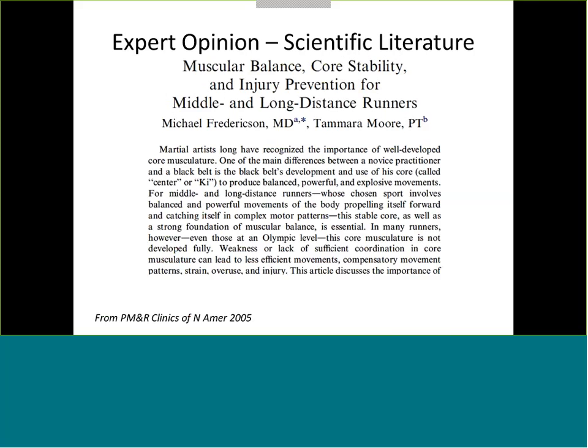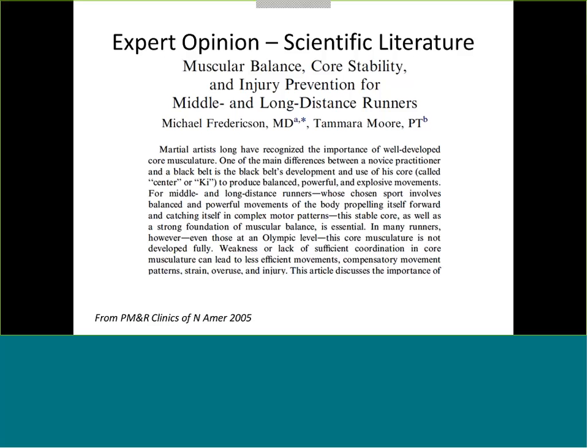And a lot of what we do, especially in physical therapy, at this point with core stability is based on intuition. In the scientific literature, really the best evidence we have is what we call level 5 evidence, or expert opinion. So here's the beginning of the abstract of an article by Michael Fredrickson, who is the team physician for the Stanford cross country team.